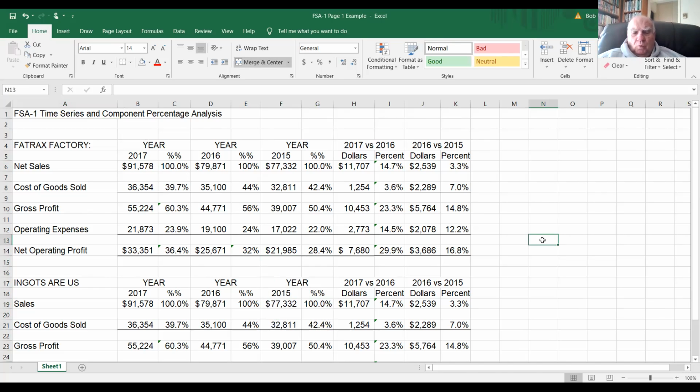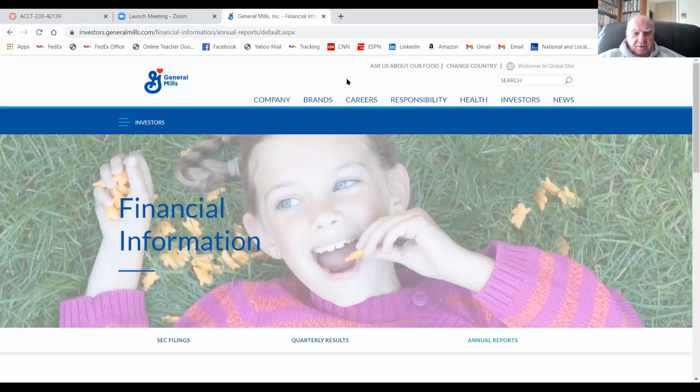I just Googled General Mills annual report. And voila, there's their annual report. You see the happy child nibbling on some cereal, or it looks like maybe animal crackers or something like that.